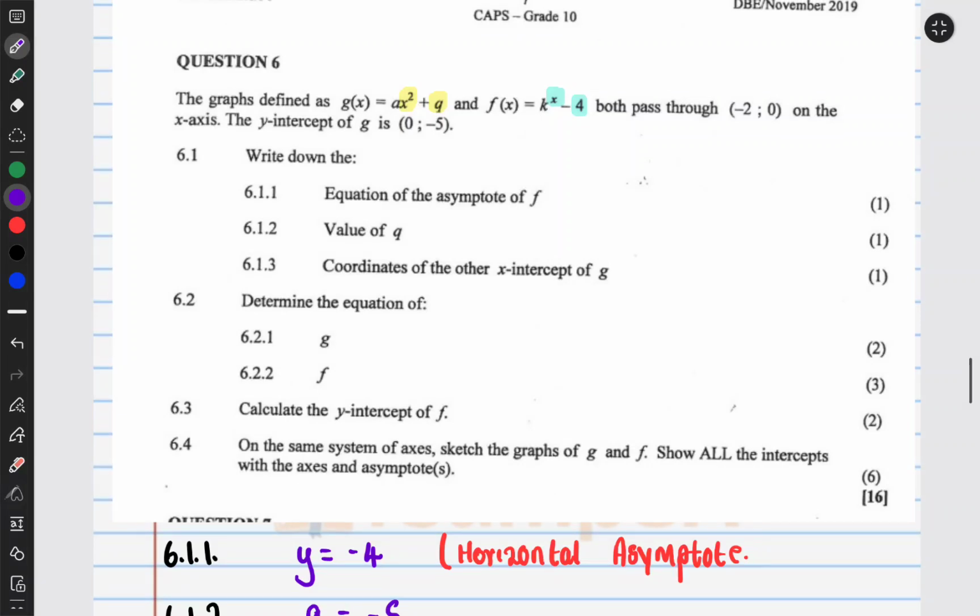Okay. The coordinates of the other x-intercept of g. When we are dealing with a parabola given in the format ax squared plus q, the y-axis also acts as an axis of symmetry. So essentially the function is mirrored about the y-axis.